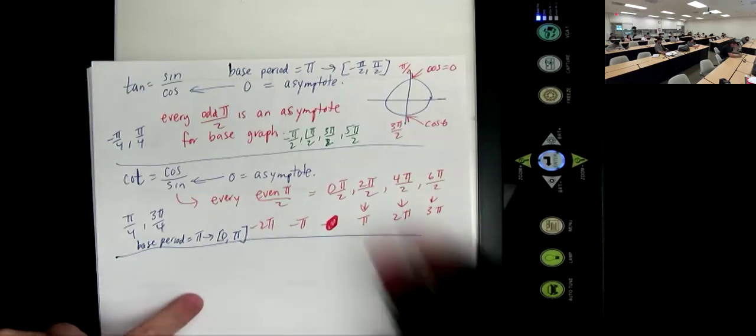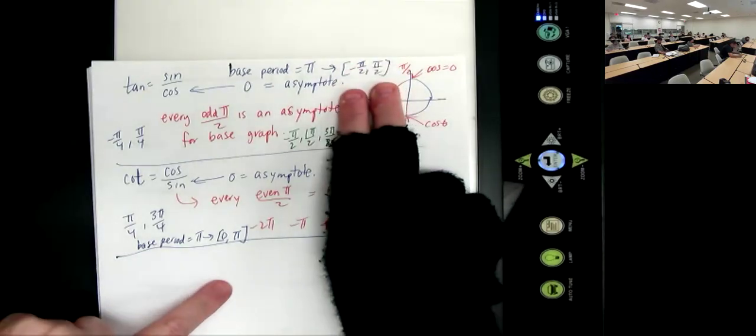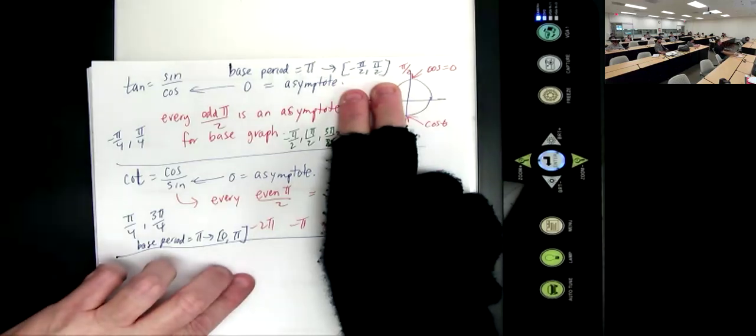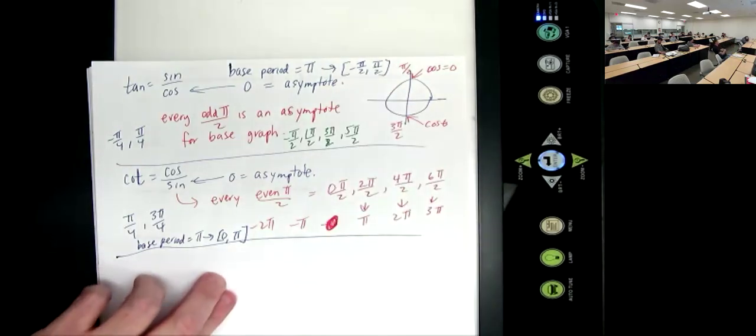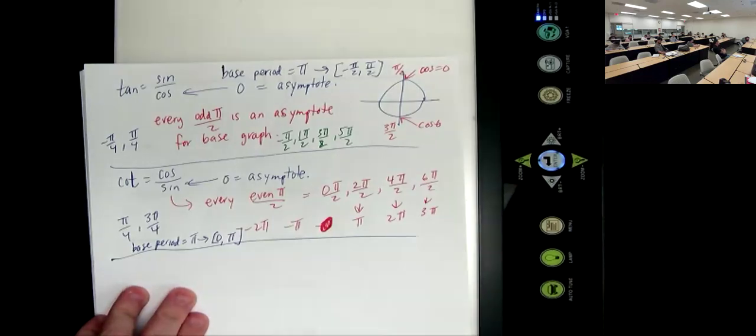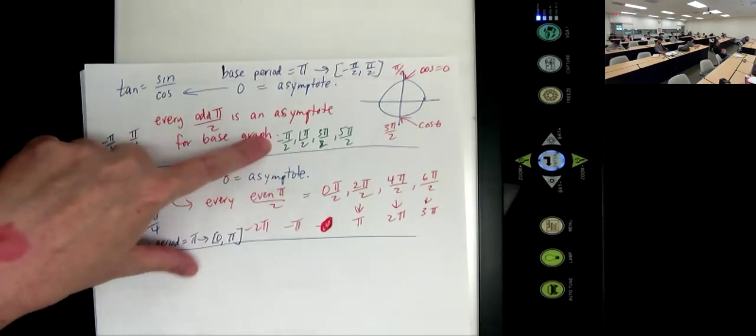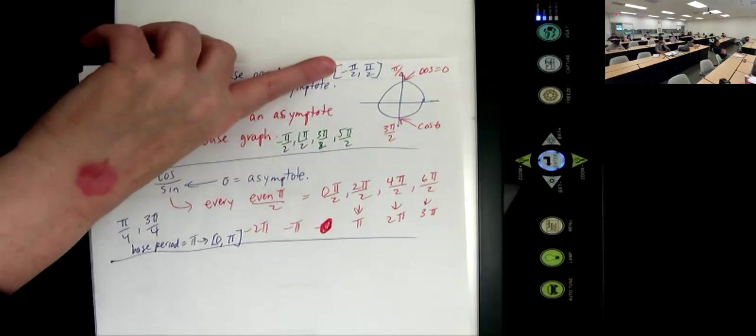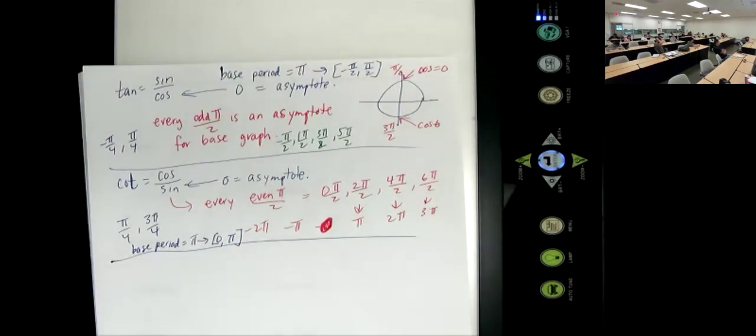If you remember this setup, these tell you where the asymptotes are: negative pi over 2, pi over 2. Since it's a period of pi, it repeats every pi. Just add pi to it each direction to keep finding more asymptotes.